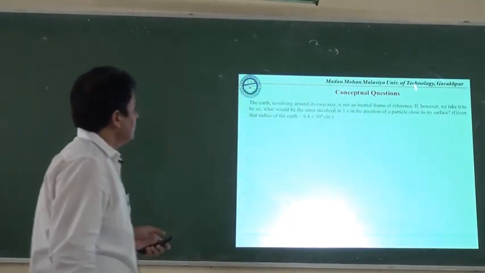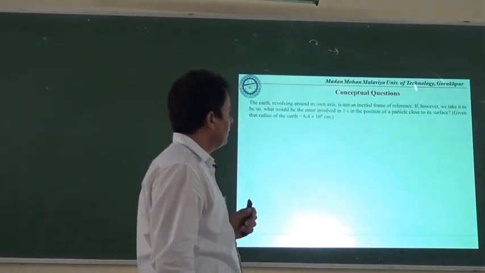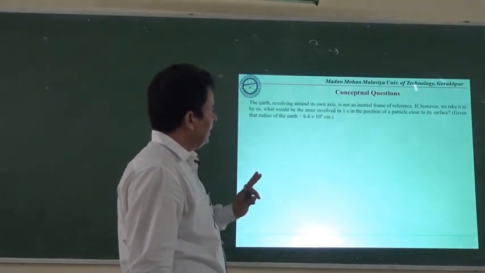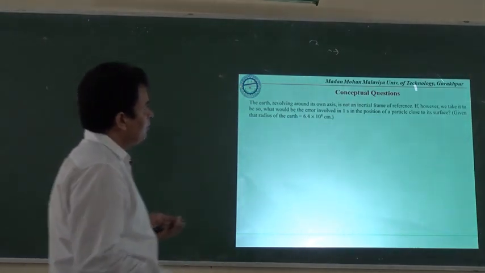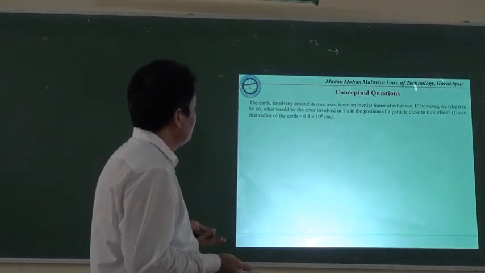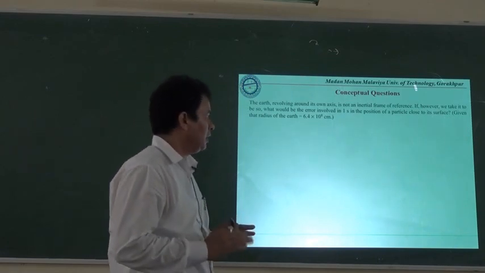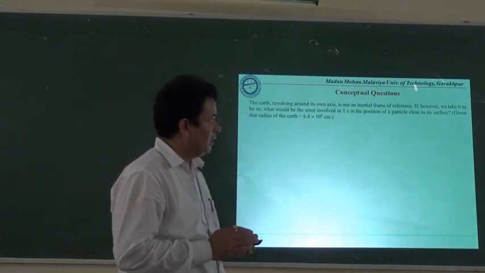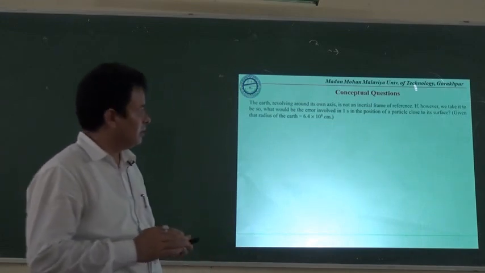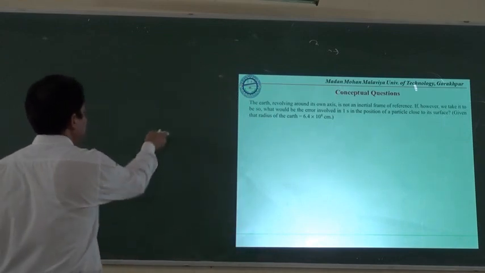Question is here, the Earth revolving around its own axis is not an inertial frame of reference, obviously. If, however, we take it to be so, what would be the error involved in 1 second in the position of a particle close to the surface? The radius of the Earth has been given. Means that the problem is here.